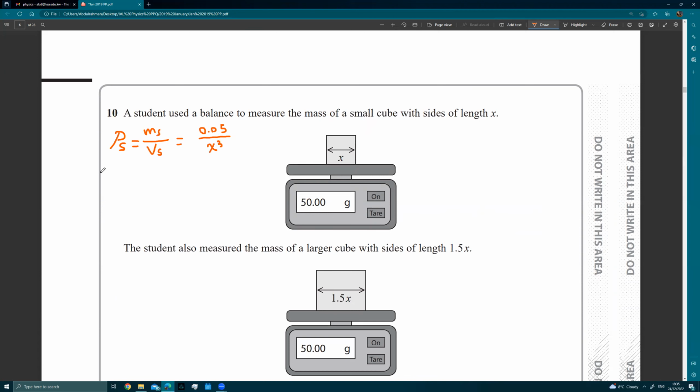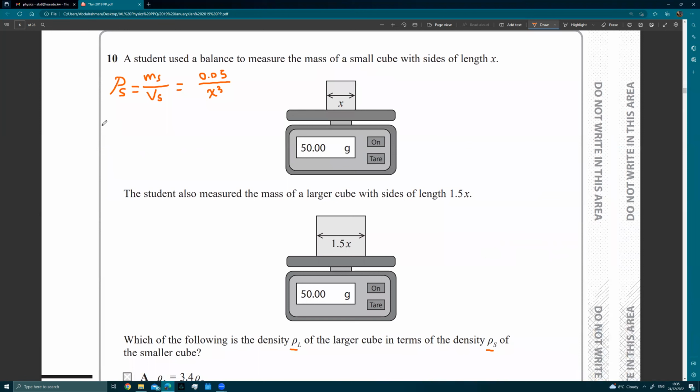Whereas for the larger cube, the density of the larger cube is the mass of the larger cube over the volume of the larger cube. Well, the mass is still 50 grams, which is 0.05 kilograms. And the volume is length times length times length, which is 1.5x cubed.